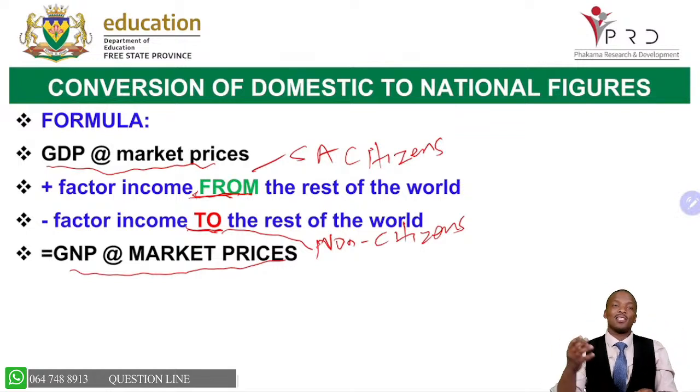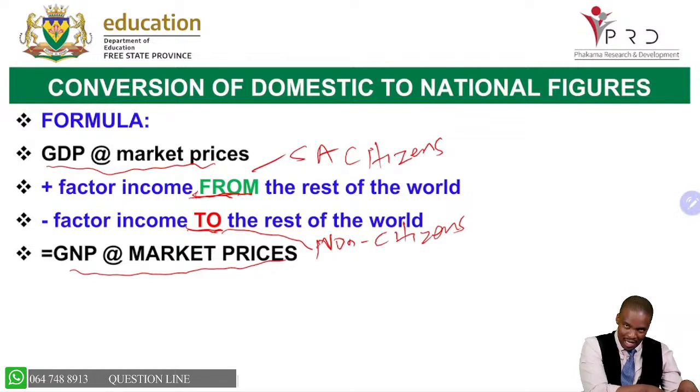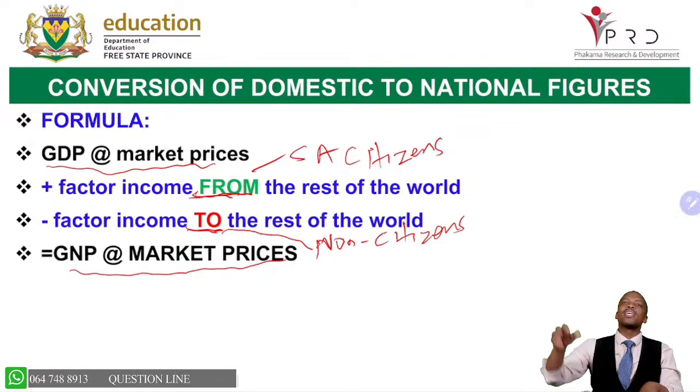But after we add the factor income from the rest of the world and subtract the factor income to the rest of the world, we get a small figure, around 100,000. So the question would be, why? Your response is this one, grade 12. You will tell us that in South Africa, there are more non-South African citizens working in the country than South Africans themselves working in other countries.